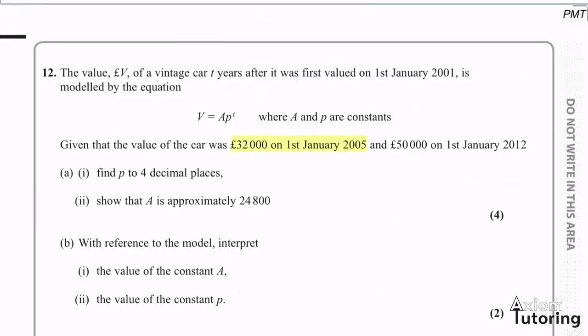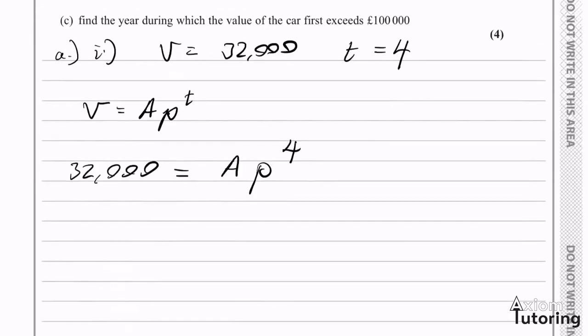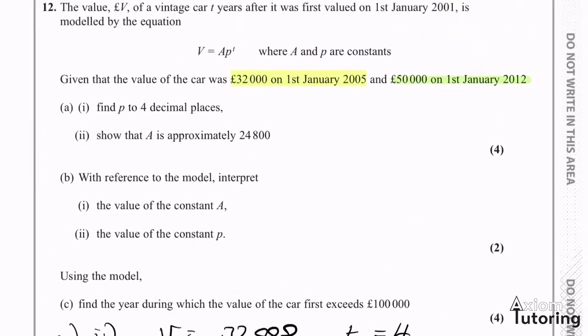So we also have this information that the value of the car is £50,000 on the 1st of January 2012. So we can do the same thing here. For V equal to 50,000, we want the corresponding value of T in years.